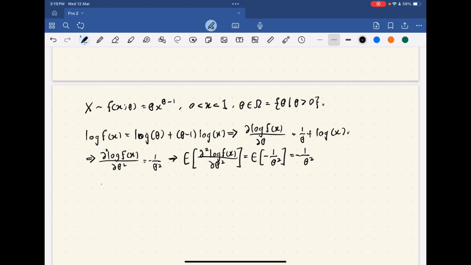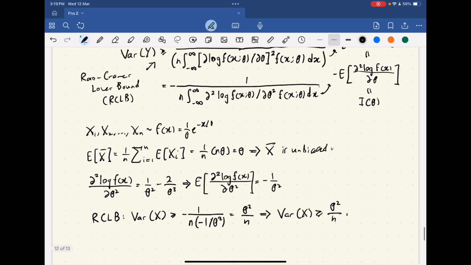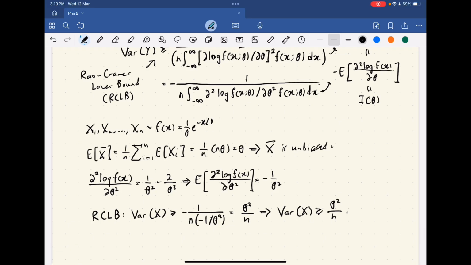So the Rao-Cramer lower bound is variance is equal to or greater than theta squared over n, or you can say the Rao-Cramer lower bound is theta squared over n, right? Note that all I have done so far is just follow the previous example.